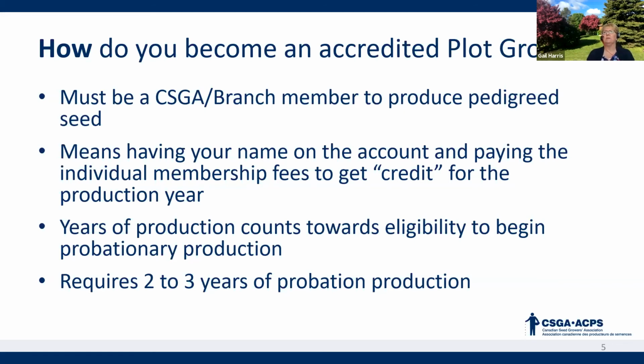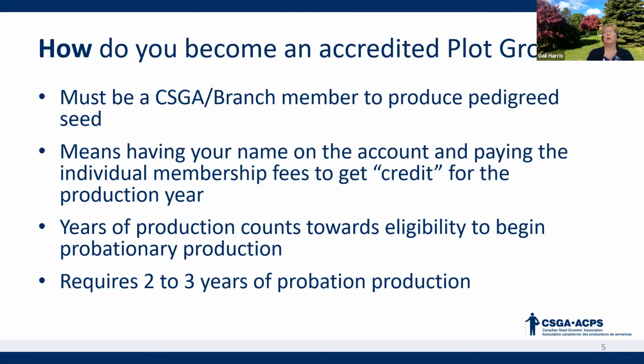So in other words, if you've got a situation where you've got the father and maybe the mother as well, and say 2 kids who are all on the account, then as far as we're concerned, each of those people, if they've paid their membership fee, is a seed grower that year and gets credit for the production of that seed. Why that is relevant is that it counts towards your eligibility to begin probation production.